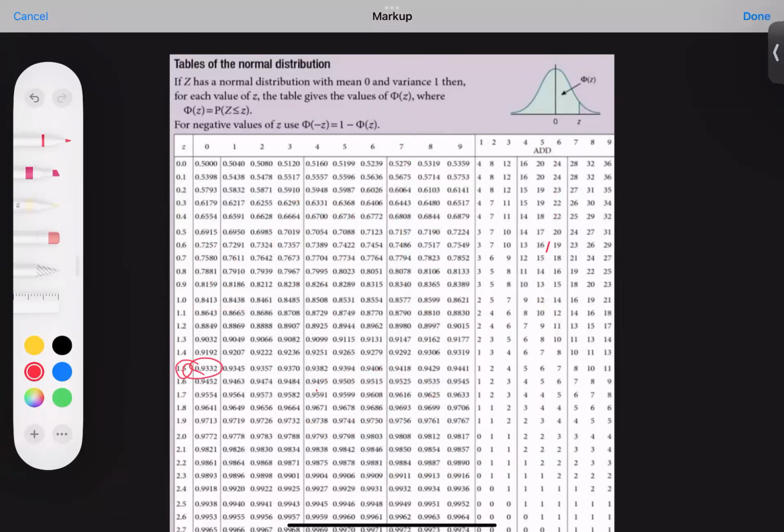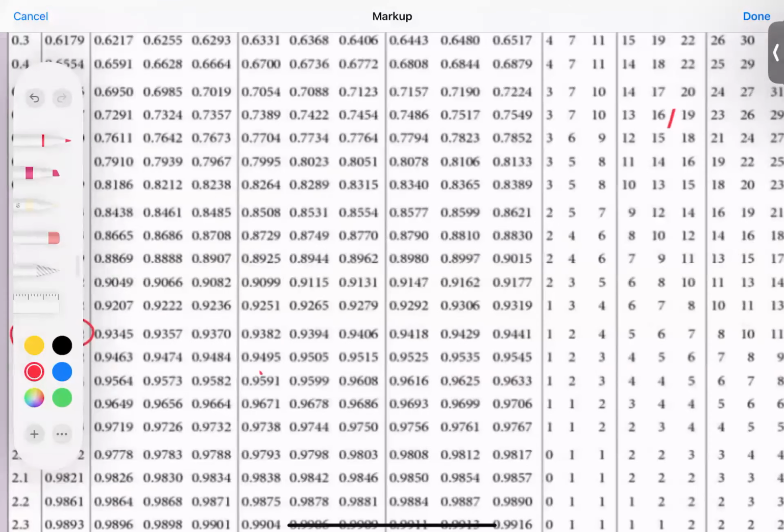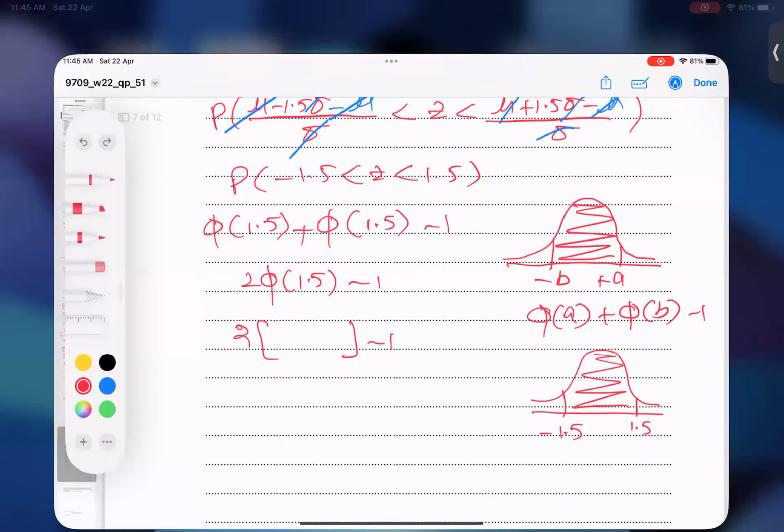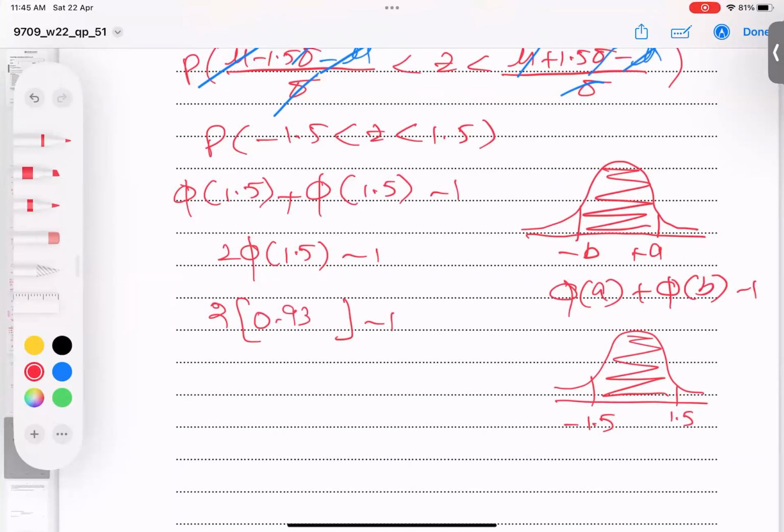It is very clear that the probability for 1.50 is 0.9332. Simply multiply this by 2 and subtract 1, and the answer is 0.8664. And this is for one adult.